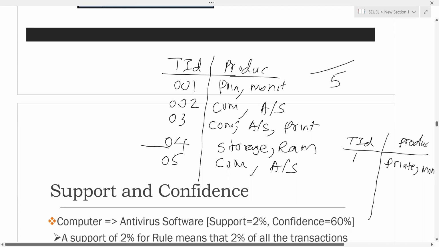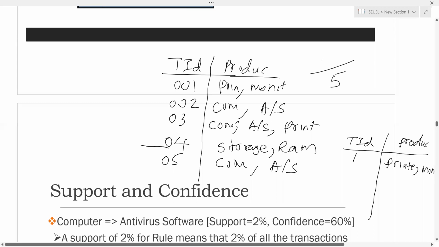Among them, how many transactions contain computer and antivirus software? Someone tell me. Two transactions? Check again. Is it 2? No, it's wrong.